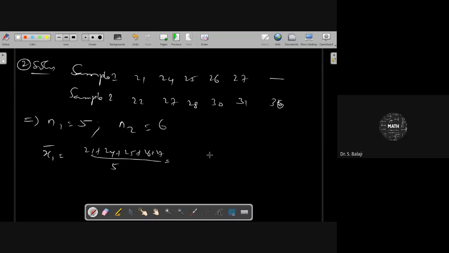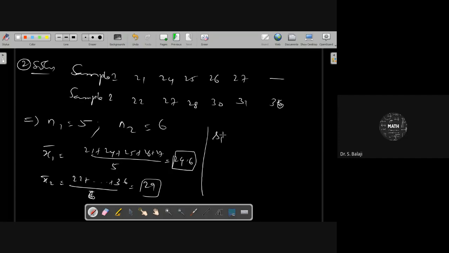X1 bar is 24.6. Similarly x2 bar, the sum up to 36 divided by 6, is 29. X1 bar is 24.6, x2 bar is 29.